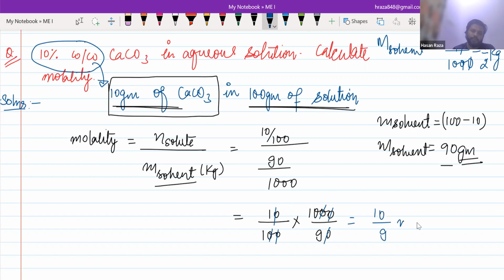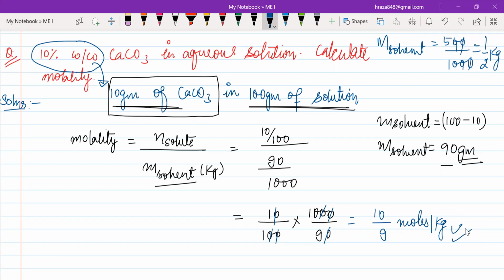This will be your moles per kg. Isn't it easy? Sakina, why are you not responding? Have you got it? Yes, sir.